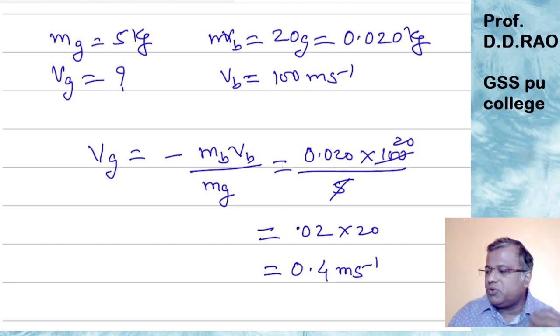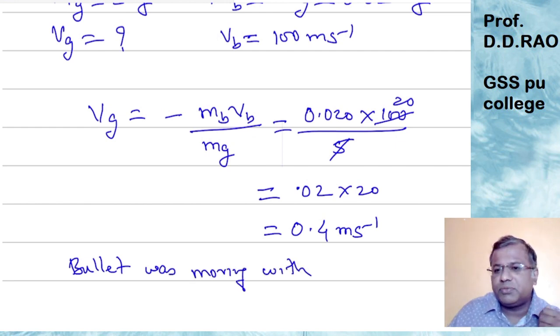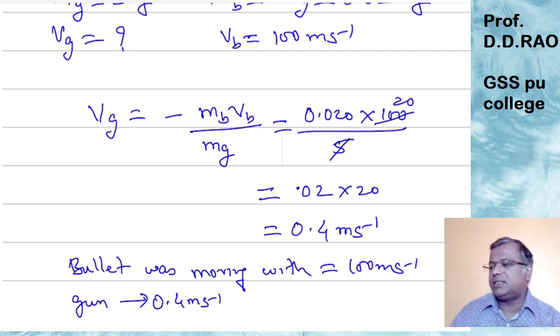Whereas the bullet was moving with a speed of 100 meters per second, but the gun recoiled with just 0.4 meters per second, right?